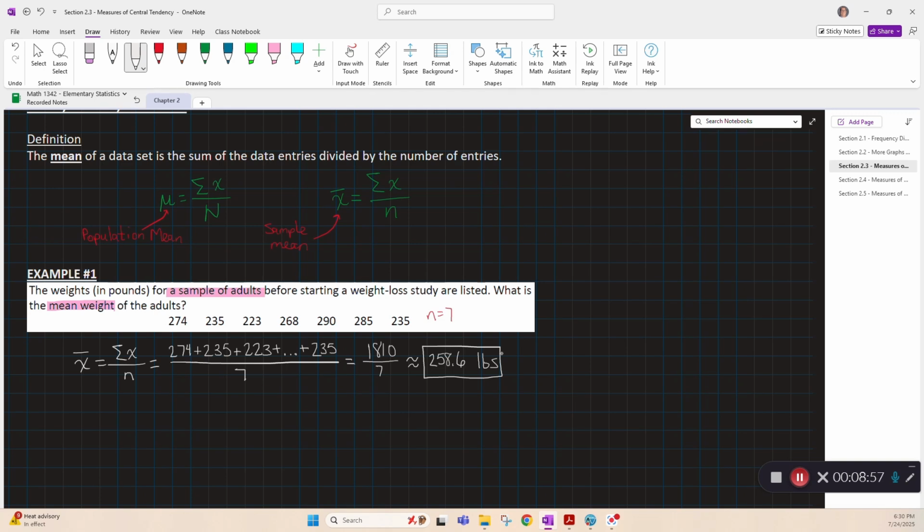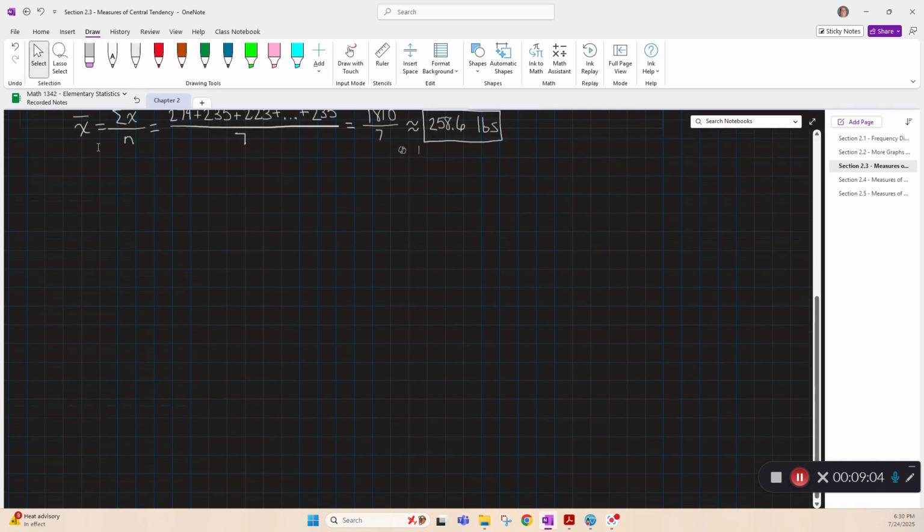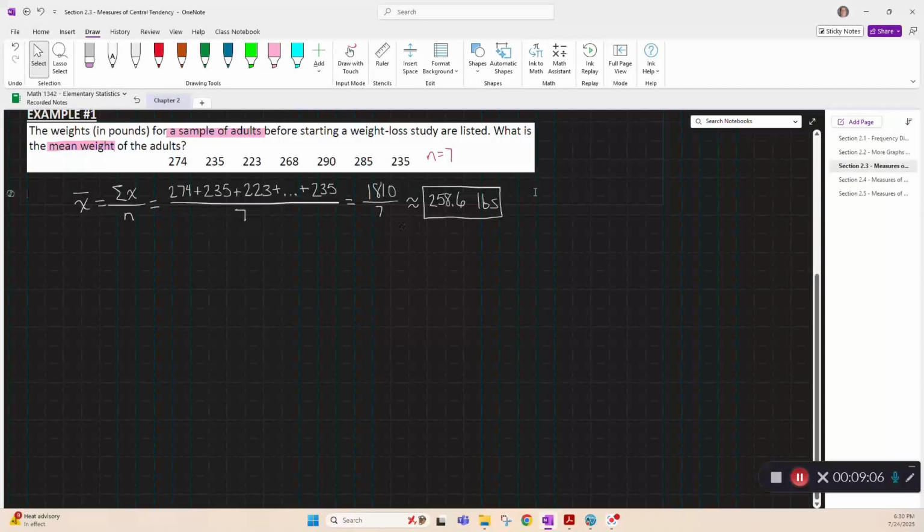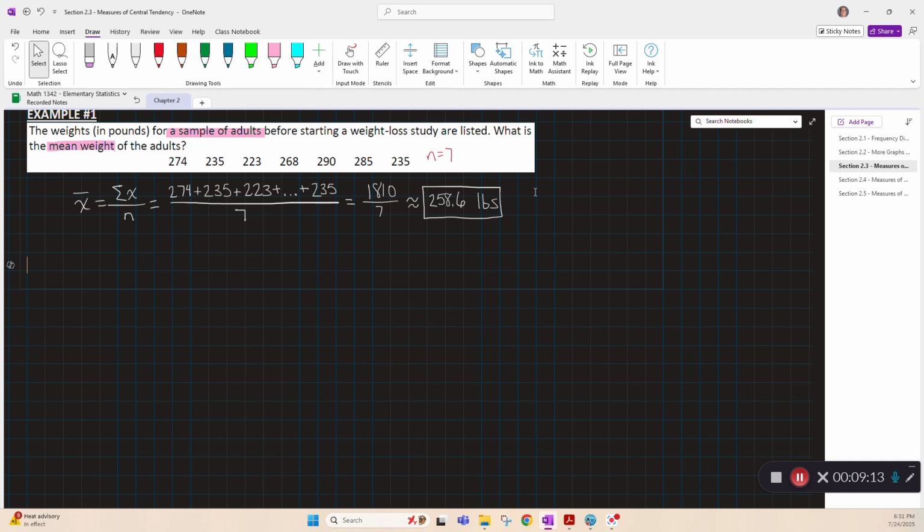Now, there's something else that we can look at, and it's median. So I'm going to come in here, we're going to do another definition.